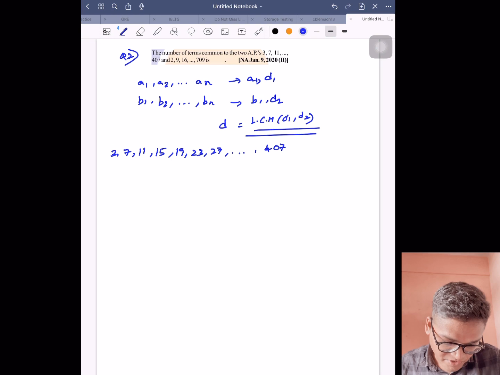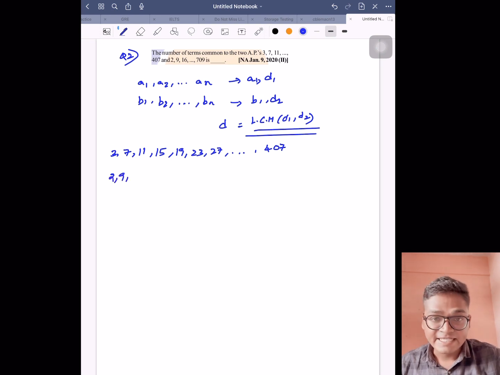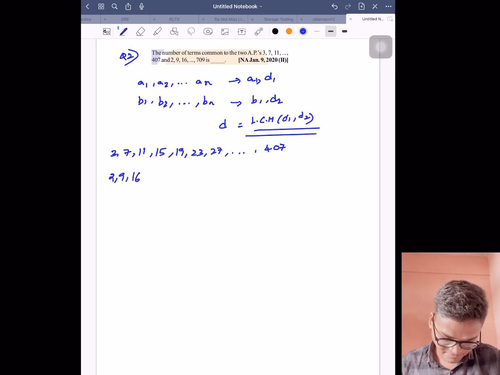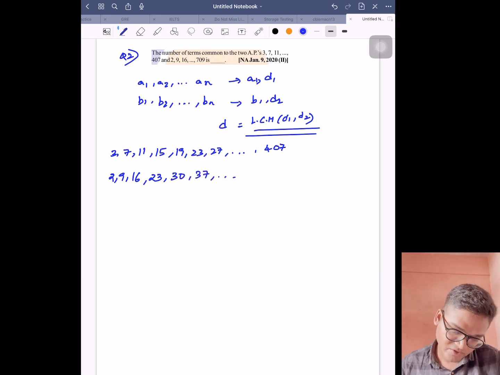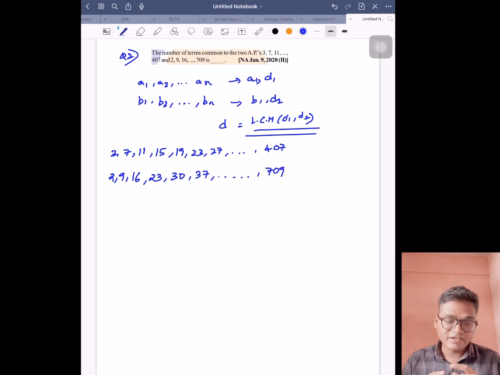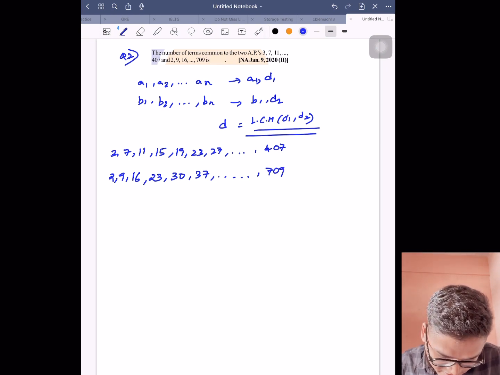Similarly, the second sequence is 2, 9, 16. The common difference is 7 here, right? Plus 23, 30, 37. It goes on till 709. If you see here, there is a common term: 23 and 23.